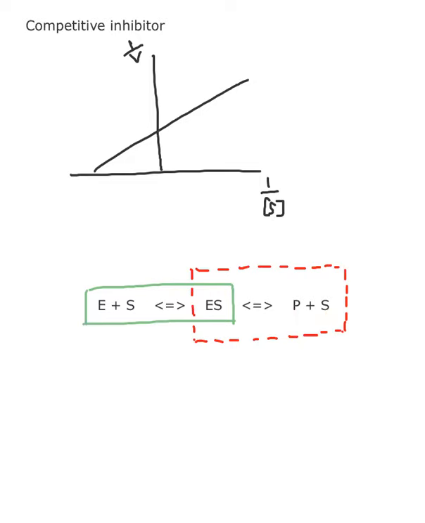So the first part of the reaction, when the enzyme substrate complex is being formed, this green box here refers to the value of Km because it tells you how strong the enzyme and substrate complex can form, the ability to form the enzyme substrate complex, correct?